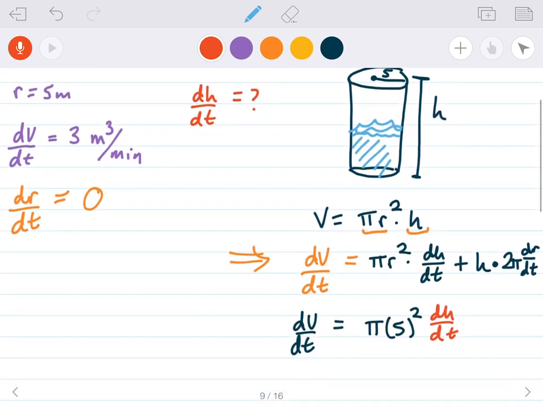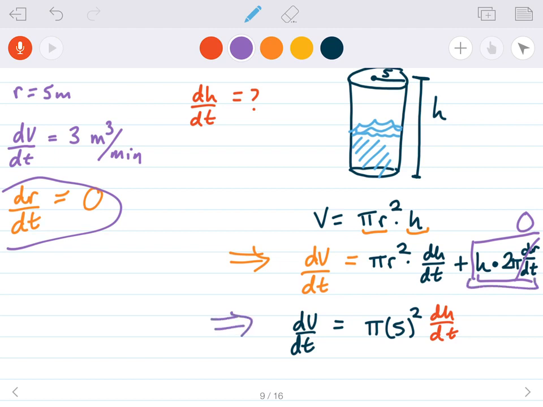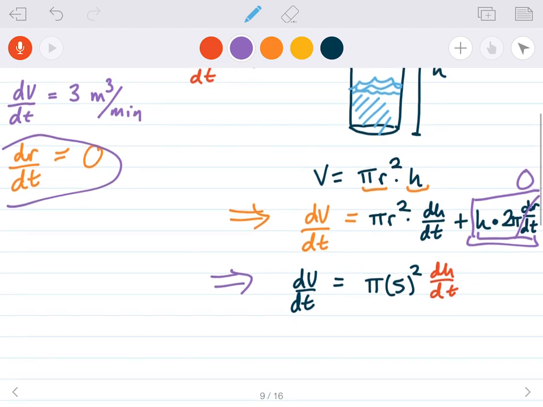So the key observation, though, is that we don't need the height because all of this right here is being multiplied, and dr dt is equal to 0. So h times 0, that's just 0. So this whole thing goes to 0, and this is what we're left with here. dV dt equals pi 5 squared times dH dt.